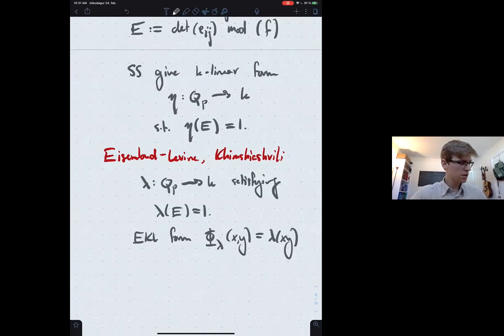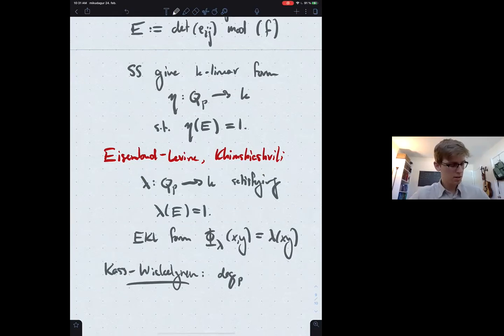And Kirsten and Jesse actually show that the local degree is given by this bilinear form. This was inspired by the real result of Eisenbud, Levine, and Khimshiashvili: over the real numbers, this bilinear form computes the topological degree by taking its signature.